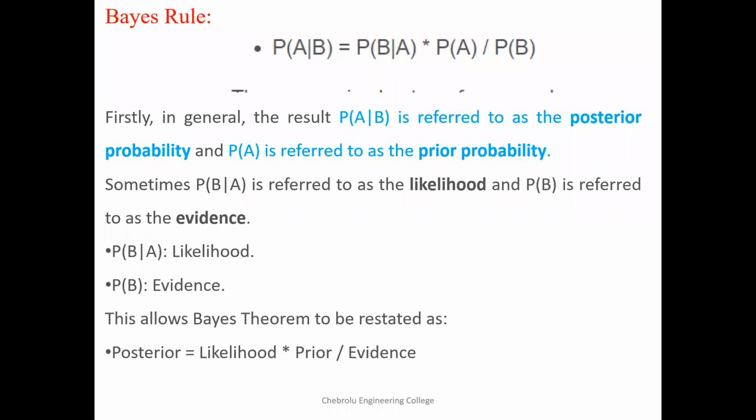If you do not understand this probability or this terminology, I request you once again to have a look at your intermediate mathematics notes, especially probability. Sometimes P of B given A is referred to as likelihood and P of B is referred to as evidence. This allows Bayes theorem to be restated as posterior is equal to likelihood into prior by evidence.